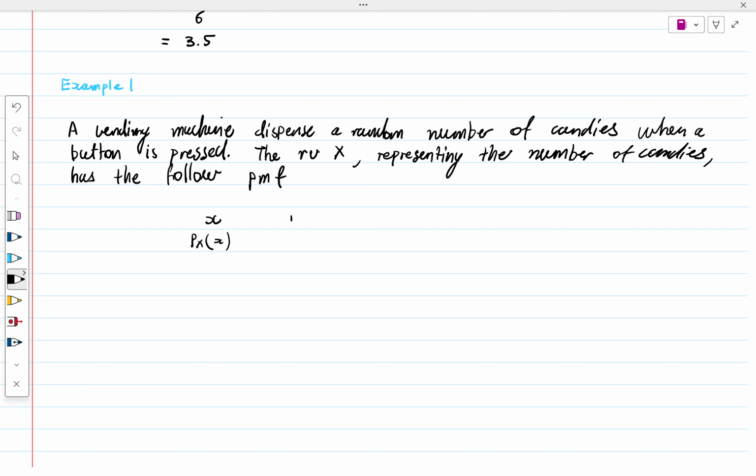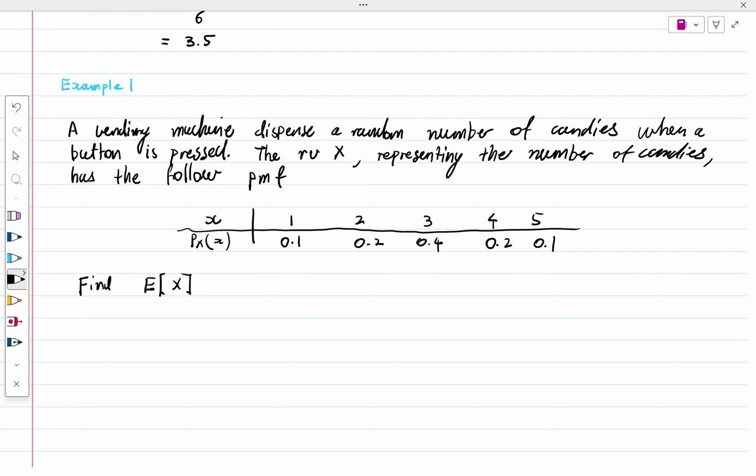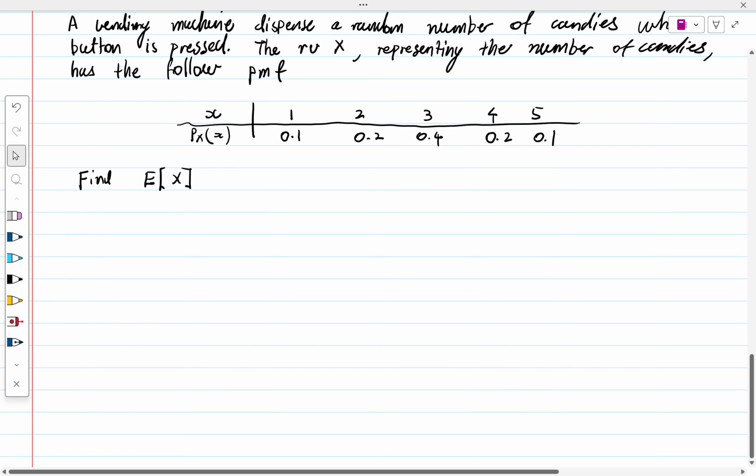It takes the values 1, 2, 3, 4, and 5, and they occur with probability 0.1, 0.2, 0.4, 0.2, and 0.1 respectively. Okay. And our question is to find the expected value of X.